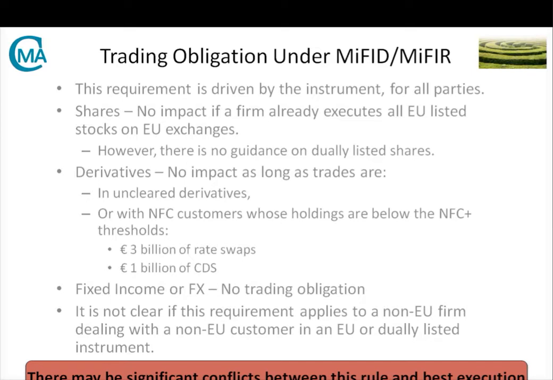So one of the things we've identified as a potential issue is a dually listed transaction or a derivative that is both listed and over the counter, and the best price is available outside of this obligation.